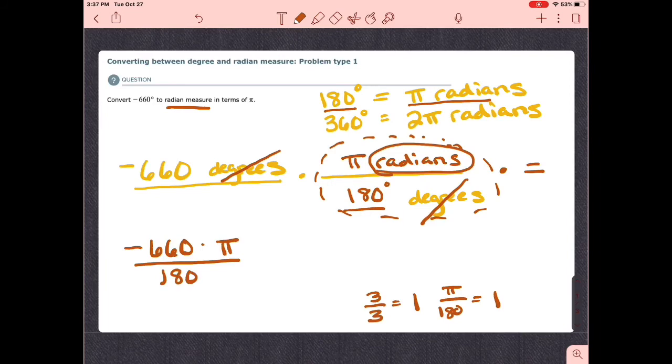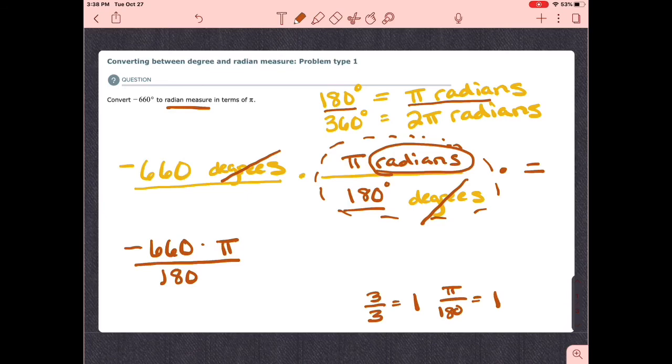Then I can use my calculator to type that in. I will just type in negative 660 divided by 180, and what I get is negative 3.66666, and I want that in a fraction, so I just hit my fraction to decimal button.